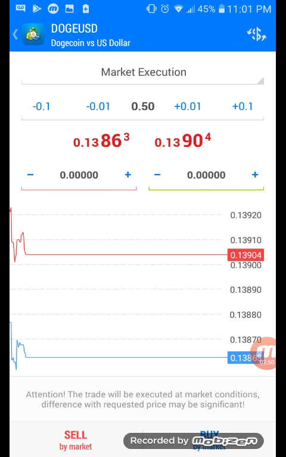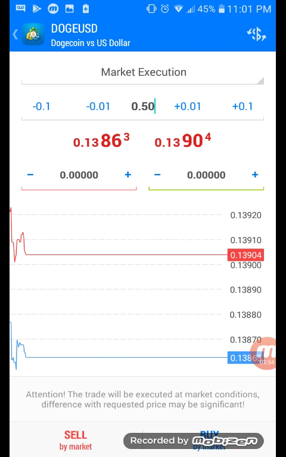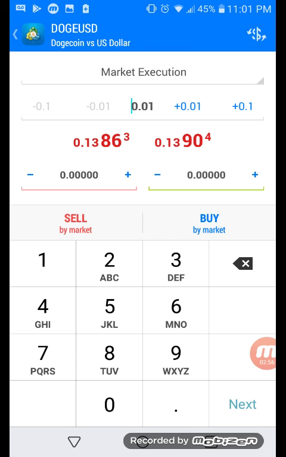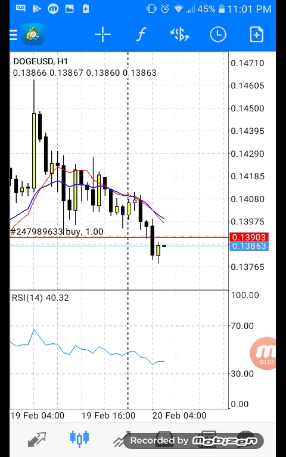and say we put a buy for 50 cents. We put a buy for 50 cents, and we put a buy for, let's say, $1, right? We put a buy in, right? All right, and we see price right now. Price is about to make what looks like a morning star pattern, which is a black candlestick on the hour.